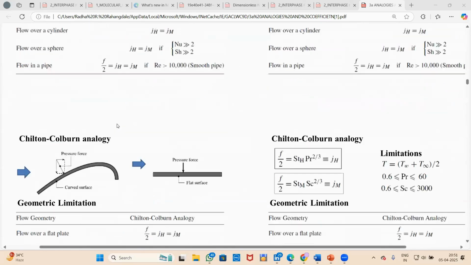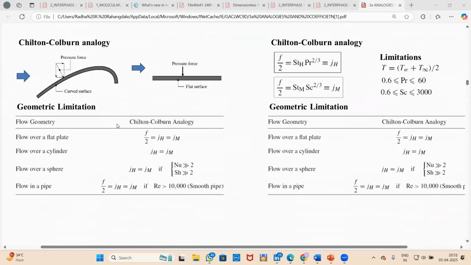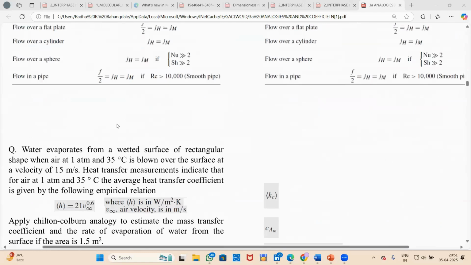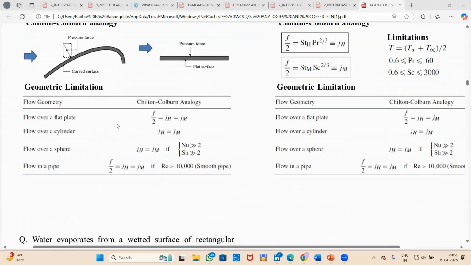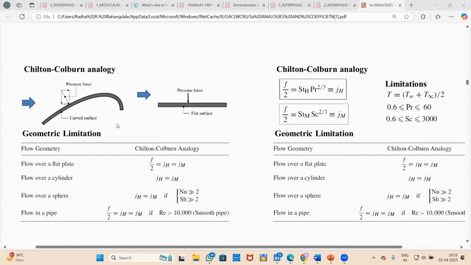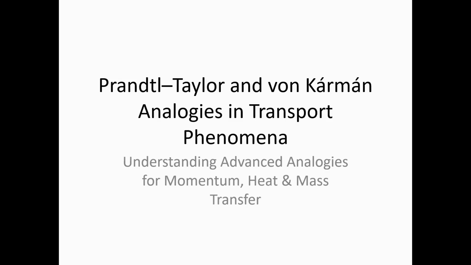Now moving forward, there are some questions. Basically, this is the concept of the Chilton-Colburn equation. Radha has given you a lot of information about Chilton-Colburn, and I have given you a lot of information about Reynolds analogy.